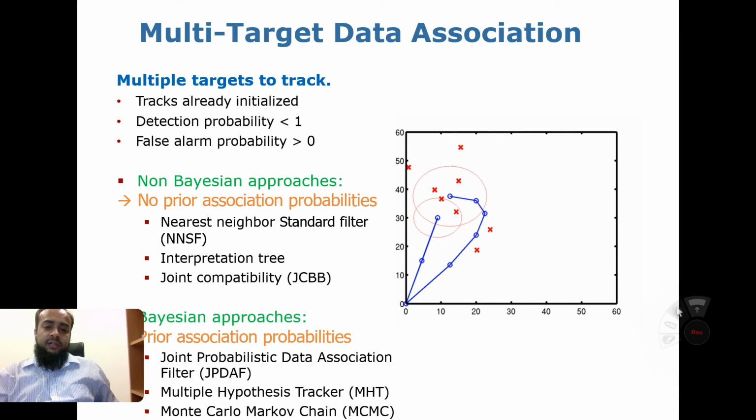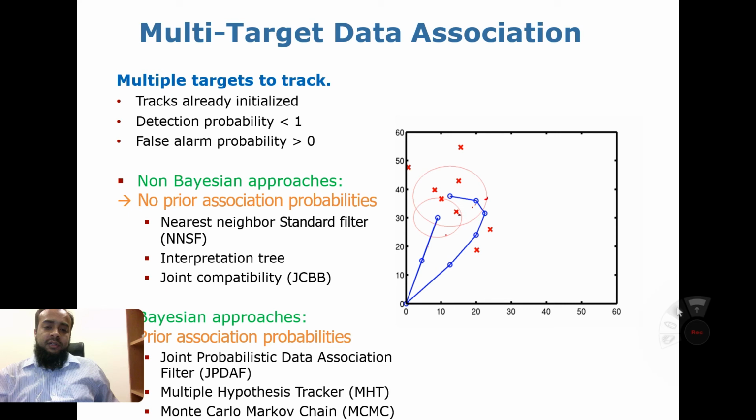For example, two tracks are initialized, and both tracks build their validation gates like this one and this one. As you can see, this measurement lies in both validation gates. So this measurement and this measurement are shared between track 1 and track 2.